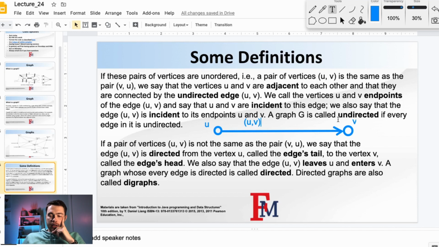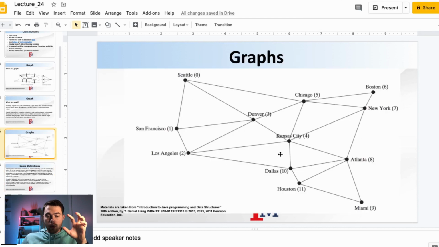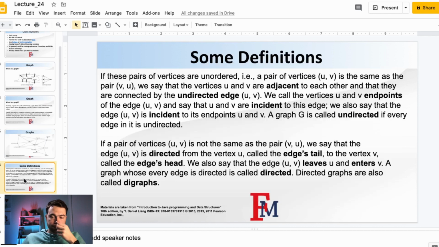Okay, a graph G is called undirected if every edge in this graph is undirected. So this particular edge is directed because it has direction, right? This graph is called undirected because all the edges, all those lines, do not have any direction. Hope it makes sense. Moving on.